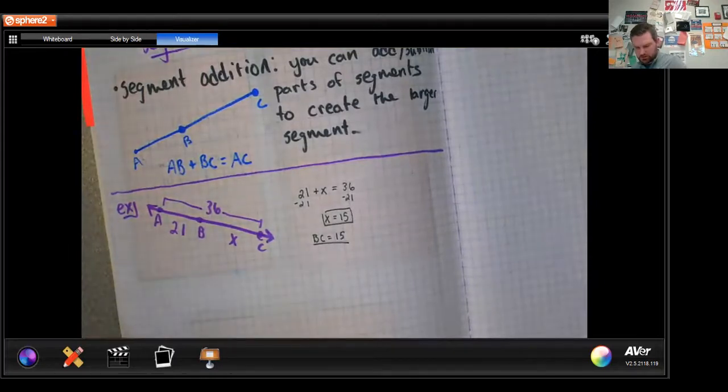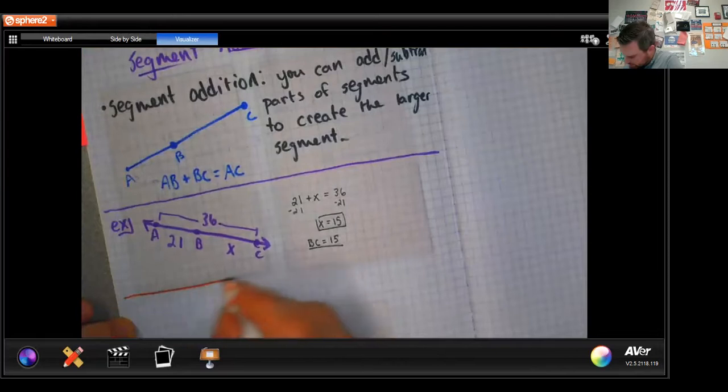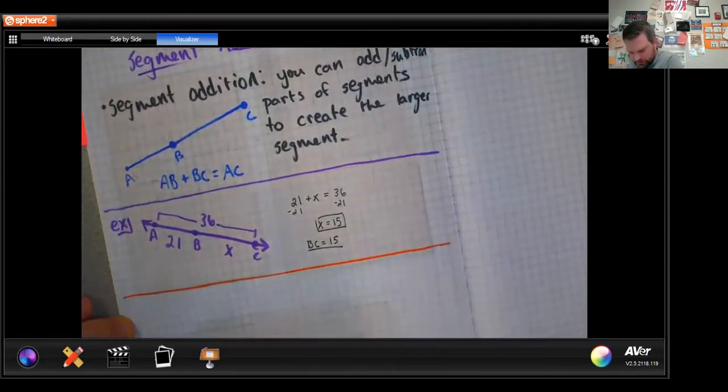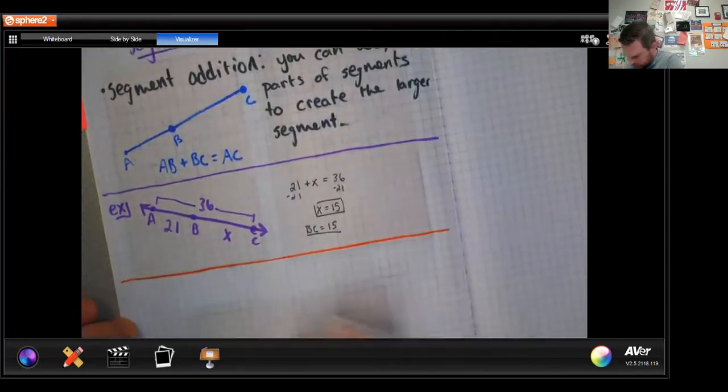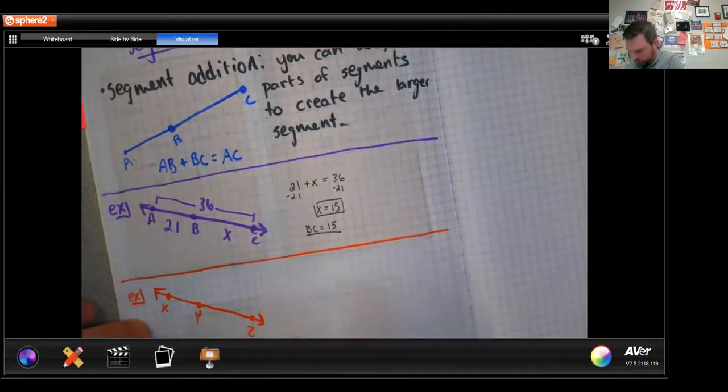All right, let's look at another one. Let's do a super easy one here. I should have done this one first, but I didn't. Okay, we got X, Y, and Z. All works the same.